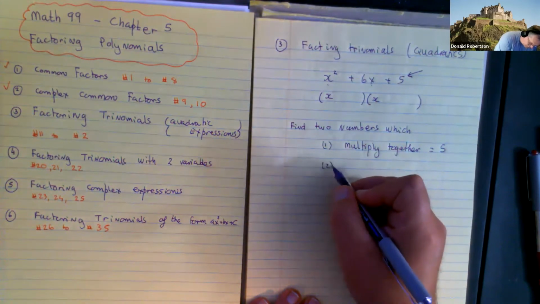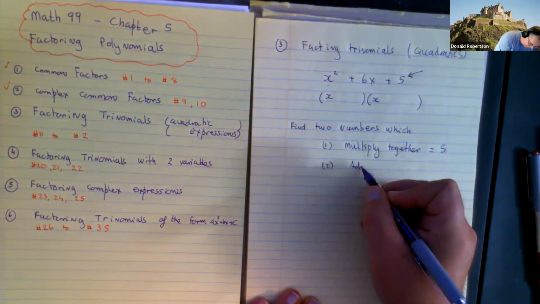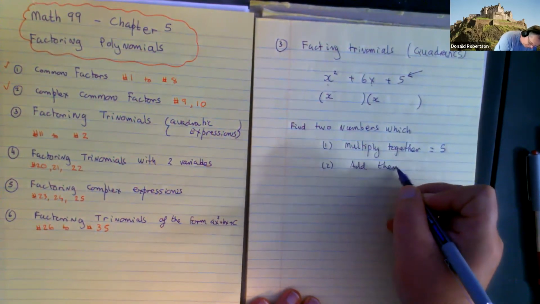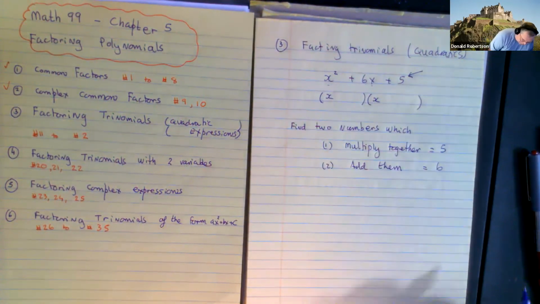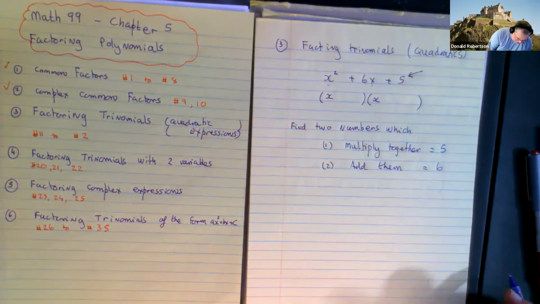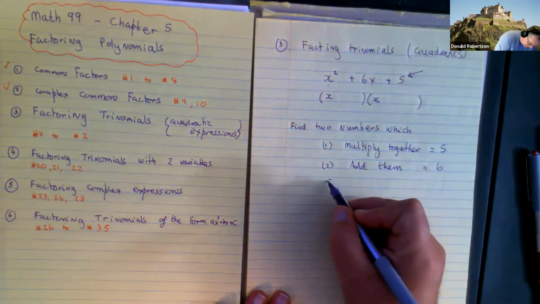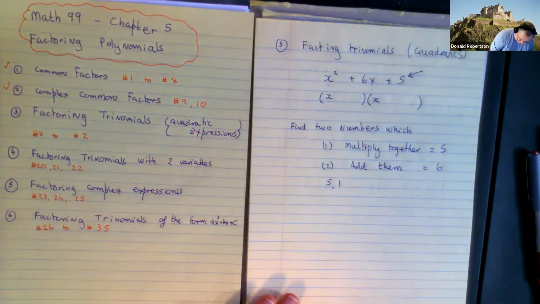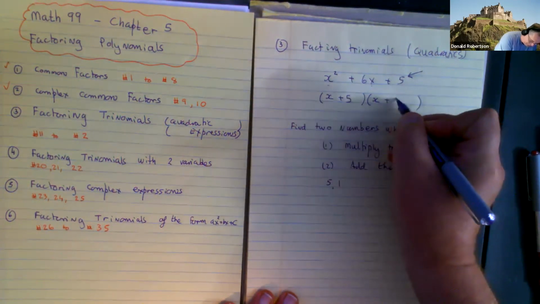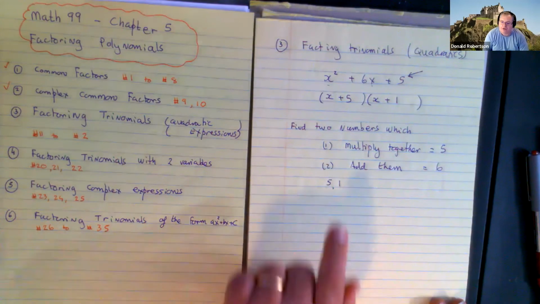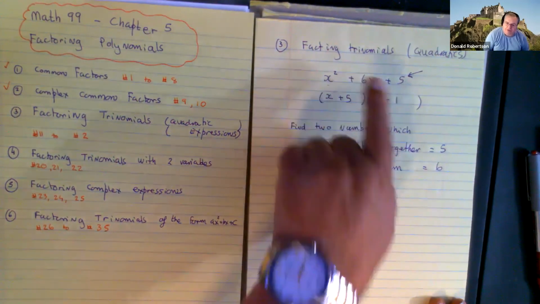And the second thing is that when you add them, the answer should be 6. Well, if I think about two numbers that multiply together that give me 5, and when I add them, I get 6, it's pretty clear that the numbers are 5 and 1, both positive in this case. And that's the answer. Now, you can FOIL that out to check, but it does work.